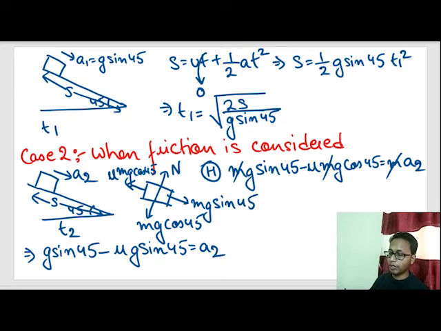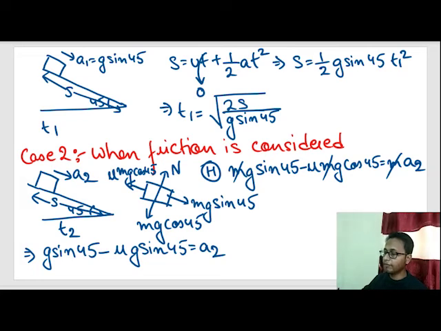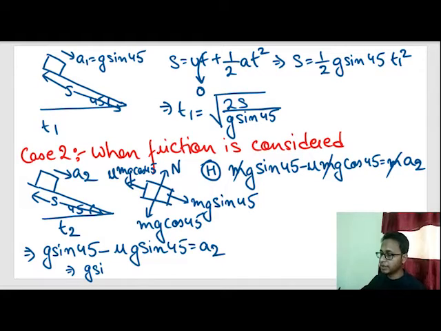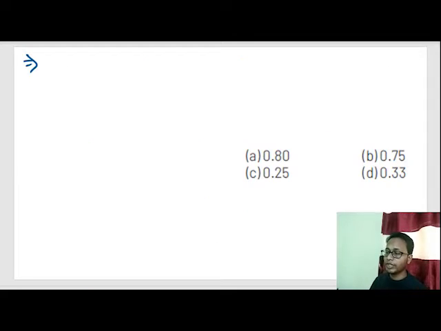Okay, so here g sine 45 into 1 minus mu is equal to a2. This is the value of our a2. Now from the equation of motion we know that s is equal to ut plus half at square.